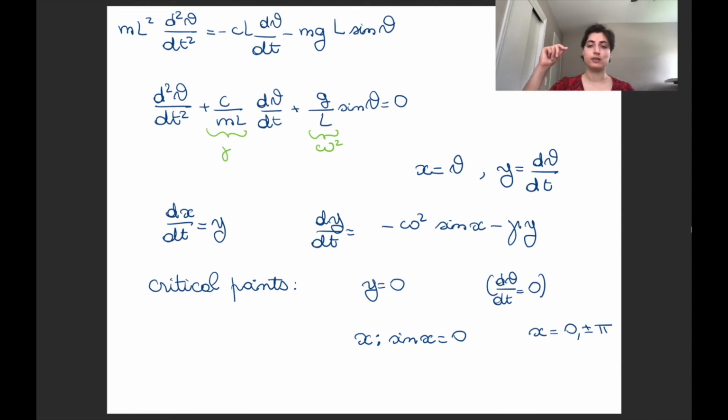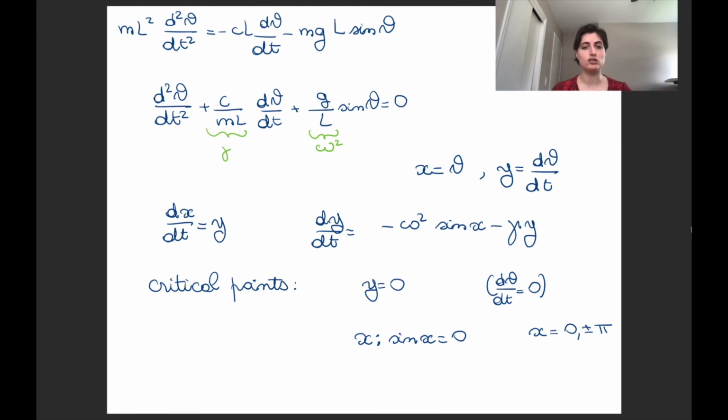And the derivative of y over time is also equal to 0. That means that the second derivative of theta with respect to time is equal to 0. So we are setting the first and the second derivative of theta equal to 0. That is what a critical point is. We're not moving and we're not accelerating.